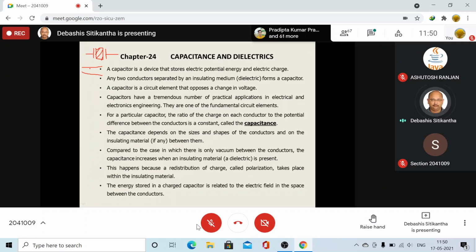So this is going to form a capacitor. The wires that run on the poles are going to form a capacitor because they are conductors, and in between them there is some gap, and inside this gap there is air, and air is an insulating medium. So naturally it is going to form a capacitor.